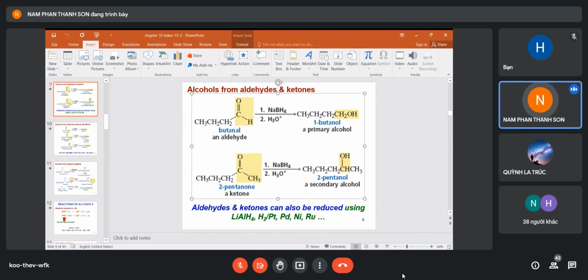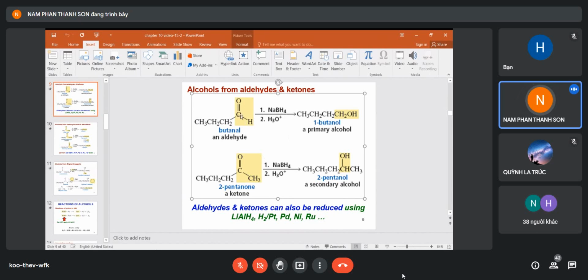So hydrogen is -1. Okay, thank you. So the hydrogen in NaBH4 is -1. It's not a proton, it is hydride anion. Be careful. It's not a proton.